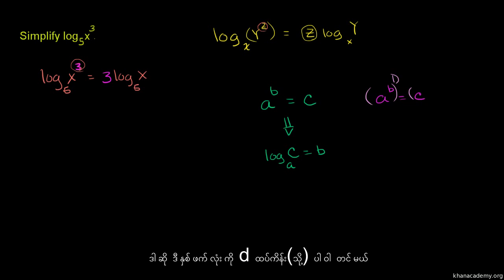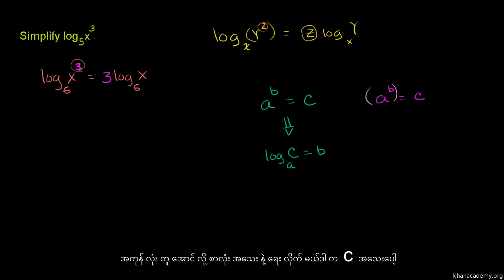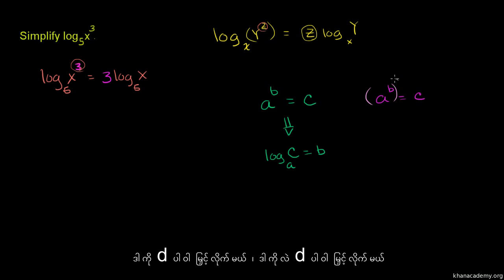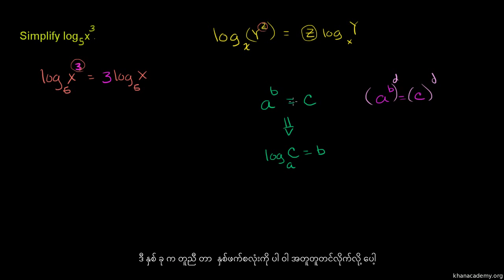And I should be consistent, I'll use all lowercase letters, so this is a lowercase c. So let me write it this way: a to the b, I'm going to raise this to the dth power, and I'm going to raise this to the dth power. Obviously, if these two things are equal to each other, if I raise both sides to the same power, the equality is still going to hold.